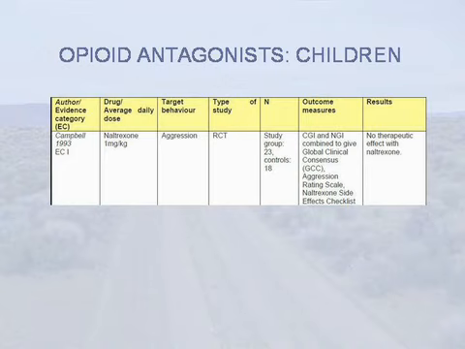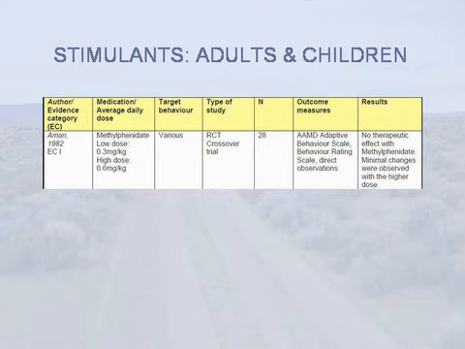Opioid antagonists such as naltrexone, one study, an RCT, no therapeutic effects. And I will comment on naltrexone later on in this talk. As far as stimulants are concerned, methylphenidate, an RCT, no therapeutic effect in reducing the various different target behaviors.